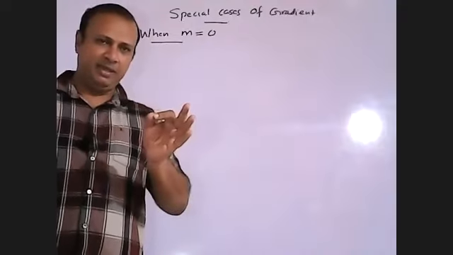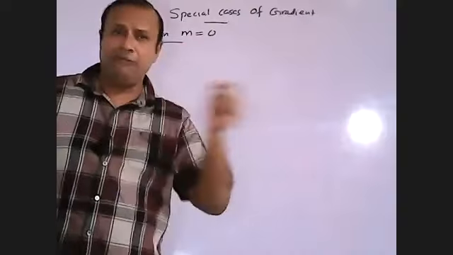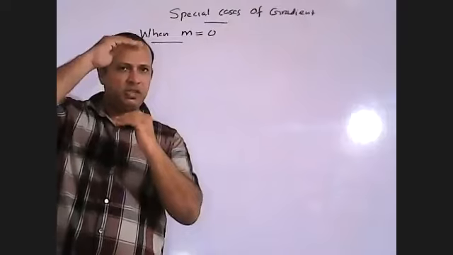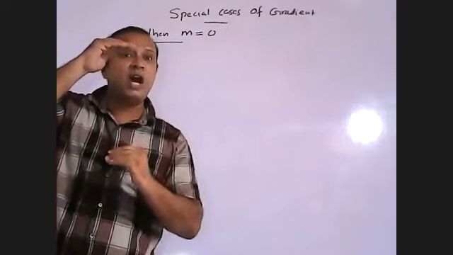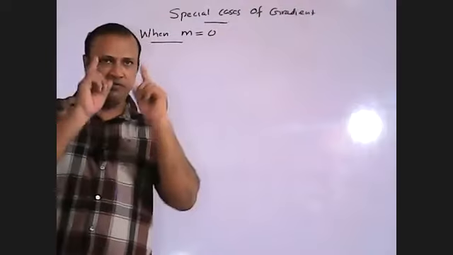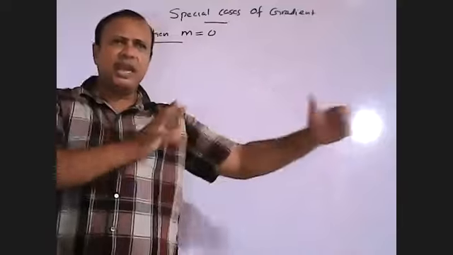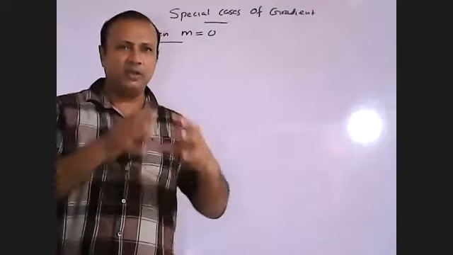Then tell me the second question. If the gradient is a tan value, look at the arguments. Everyone, please look at me and listen very carefully to these arguments. First argument: the gradient is a tan value. That is simple understanding.